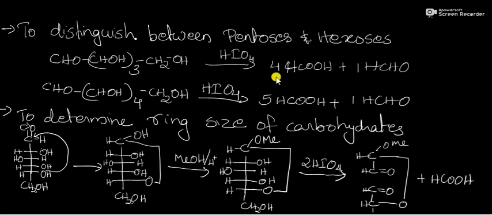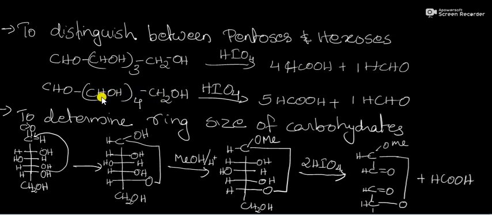So we get 4 moles of formic acid and 1 mole of formaldehyde, which means it can consume 4 moles of sodium bicarbonate, whereas in this case this is a hexose.